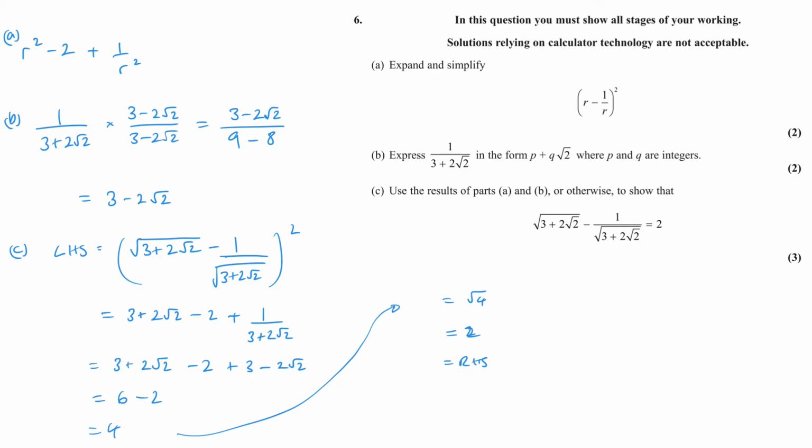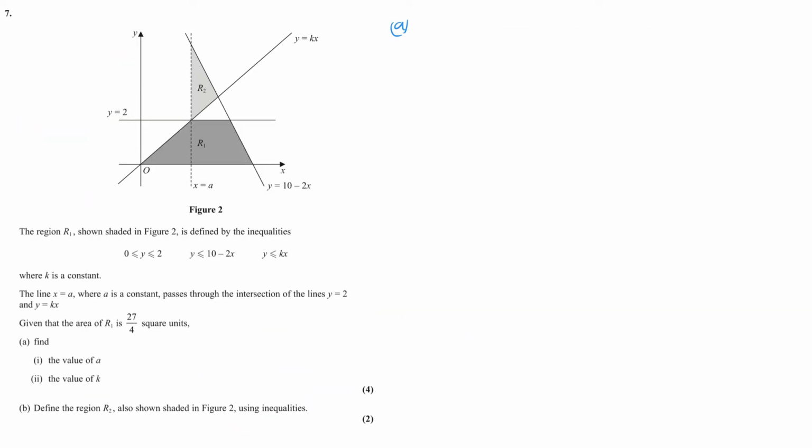Yeah, so that was the left hand side squared, and then we square rooted to get just the left hand side and then back down to the right hand side. So that's basically how I did it. Now I'm sure there's a few other ways in which you can do this one, but that's how I did it. Right, question 7.